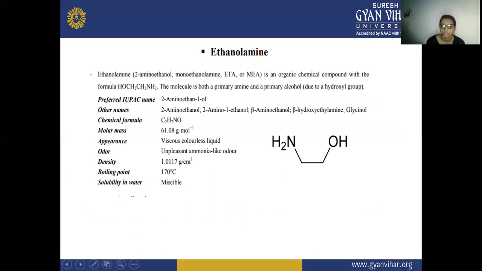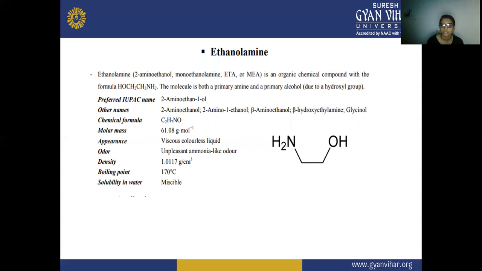Next are the structural uses of organic compounds related to amines. So, ethanolamine, also known as aminoethanol, monoethanolamine, ETA or MEA, is an organic chemical compound with the formula HOCH2CH2NH2, and the molecule is both a primary amine and a primary alcohol due to the hydroxyl group.